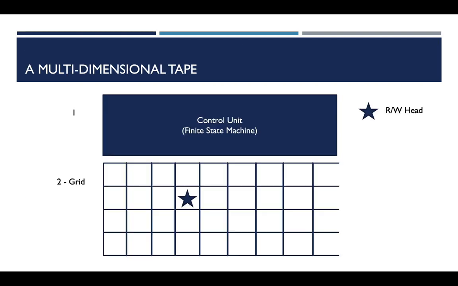To make that clear, we would consider this to be the 0th row. Any time the read-write head is positioned lower than this, it would go down by 1. So this would be the -1 row, this would be the -2 row, the -3 row, etc. Likewise, for the right direction, this would be the 0th column, the 1st, the 2nd, the 3rd, the 4th, the 5th column, and so on.